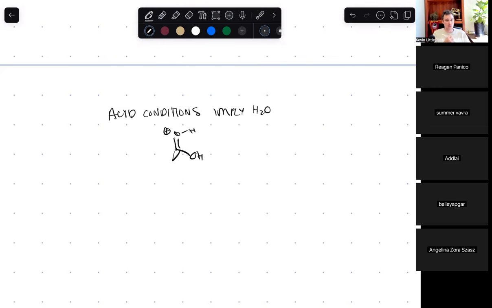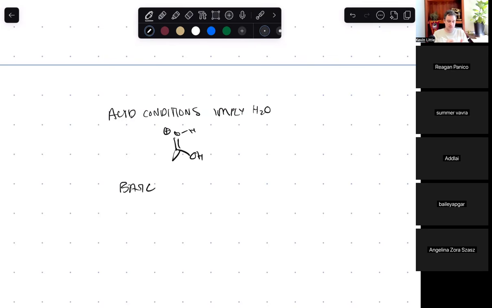Most acids come in water. So if you buy like HCl or sulfuric acid or whatever, it's going to be in an aqueous solution, right? Like X%, 1 molar sulfuric acid in water or something like that. So there's water around, and that will often quench the end.